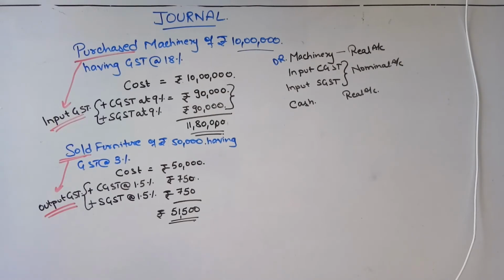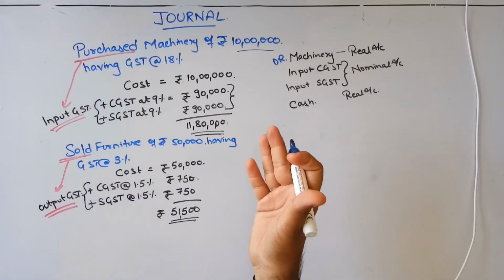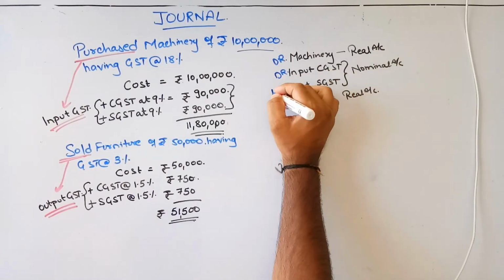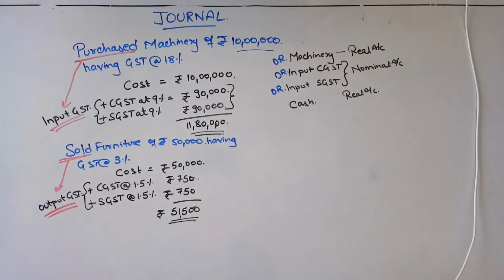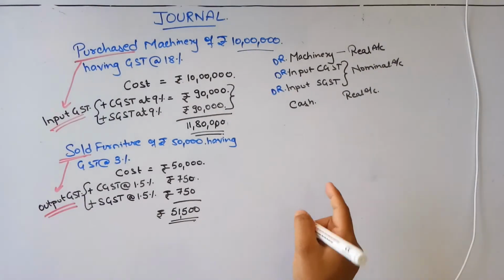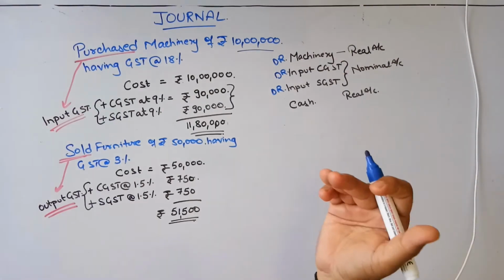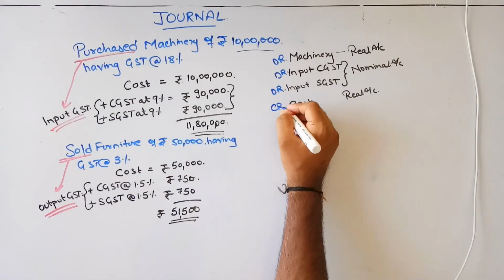Input CGST and input SGST, that is nominal. We are paying the GST, correct? Because we are purchasing the machinery, we have to pay the GST. So this will also be debit all expenses and losses, and this will also be debit all expenses and losses. Correct guys? And eventually cash we have to pay. Debit what comes in, credit what goes out, correct? So this will be my credit.